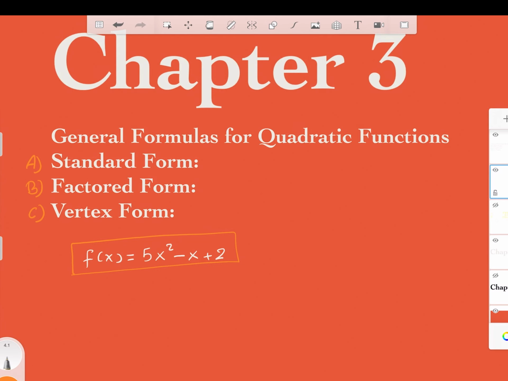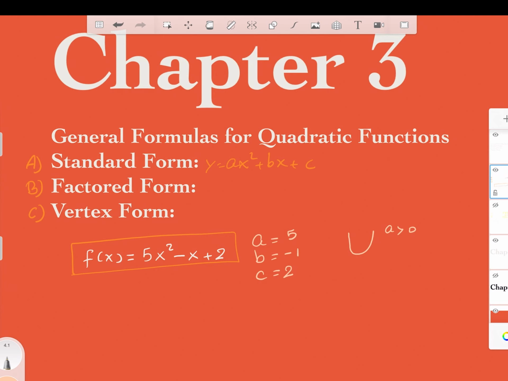If you have your note sheet, this will be a standard form. Standard form is ax squared plus bx plus c. Usually they ask you, if it's a standard form, what is A, what is B, and what is C? So A will be 5, B will be negative 1, and C will be 2. And the graph will be concave up because A is greater than 0.